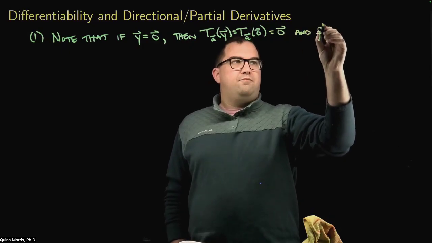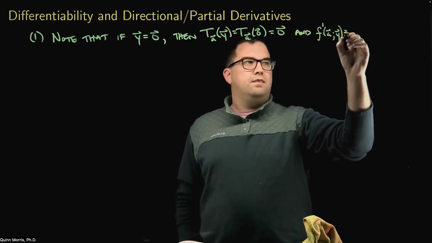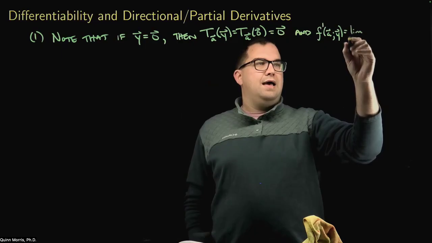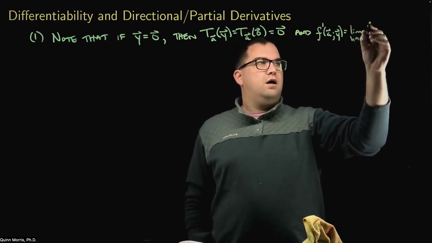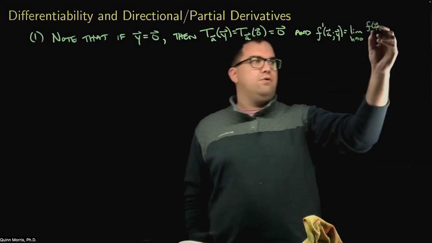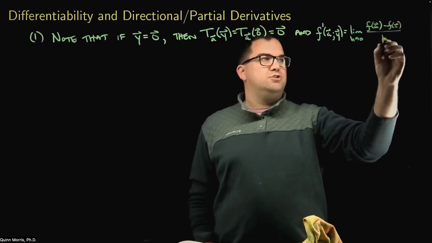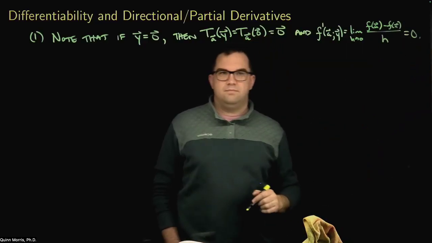And if we look at F prime of A with respect to Y, that would just be the limit as H goes to zero of, what's this going to be? It's going to be F of A plus HY, but Y is a zero vector. So it's just going to be F of A minus F of A over H. Well, that's always going to be zero.